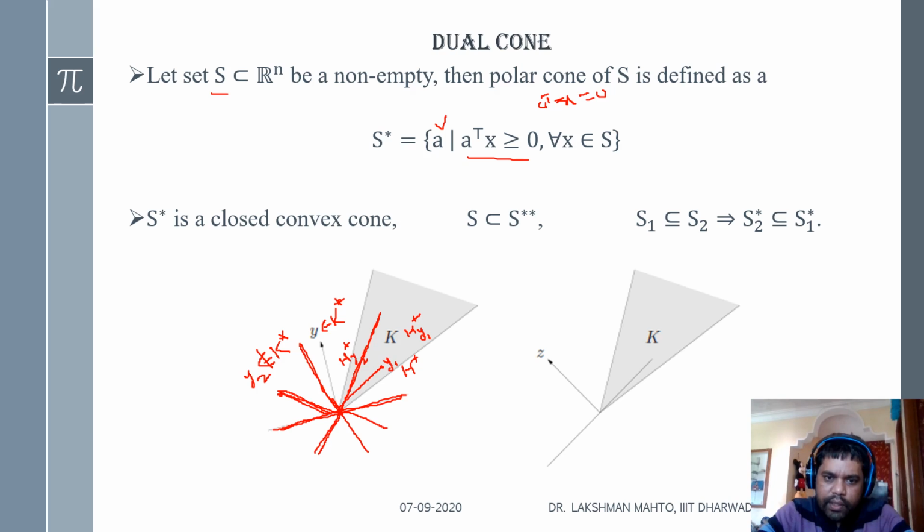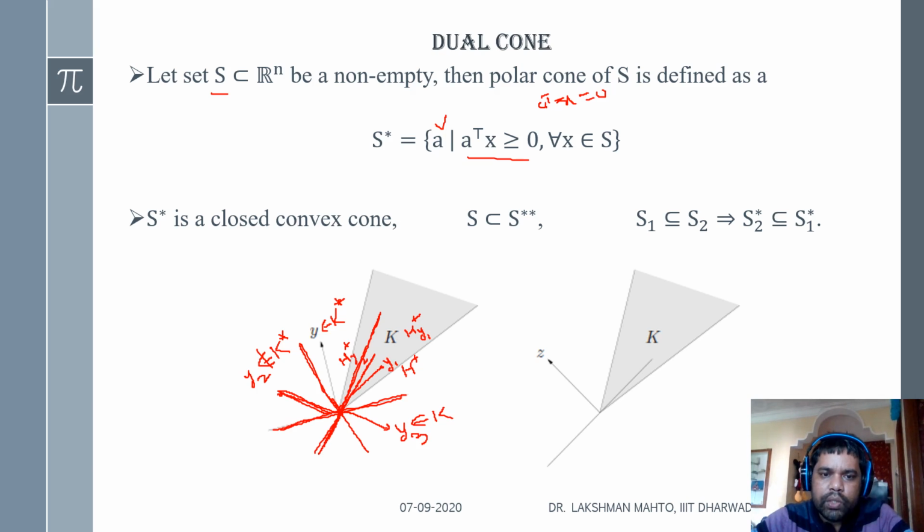Okay, suppose we do another thing. We take a direction, this is y3. With respect to y3, as a normal, we can define a hyperplane this way. This is the hyperplane.